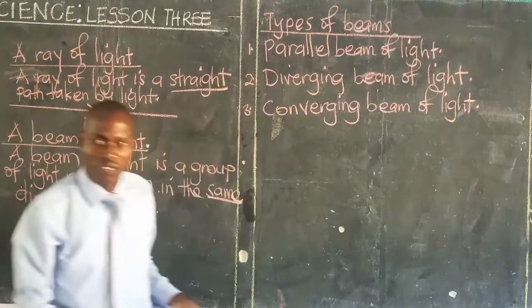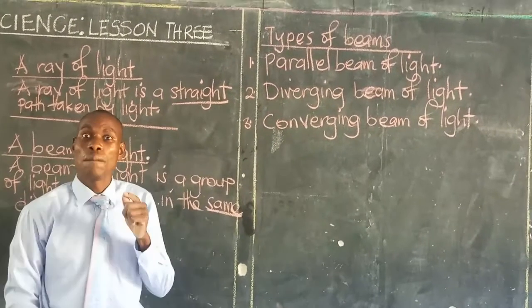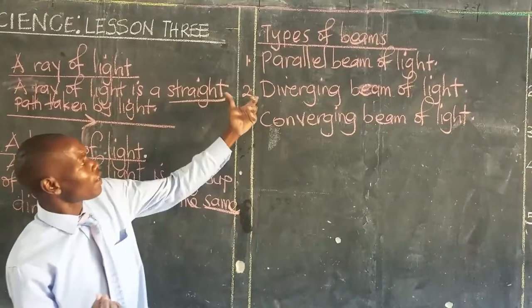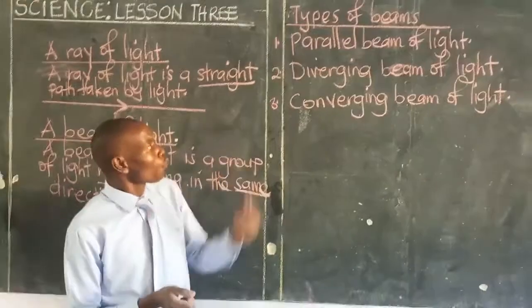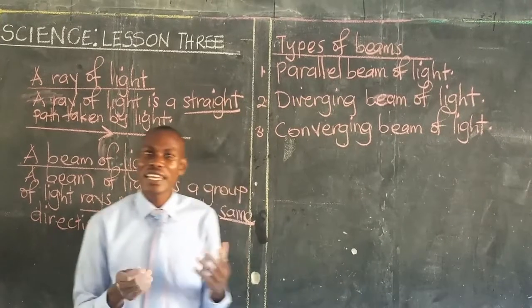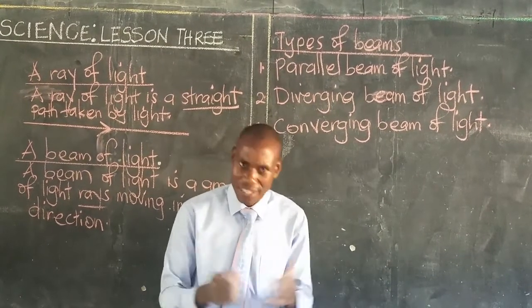Point of emphasis, boys and girls. We have said that we have got three types of beams of light: one, a parallel beam of light; we also have a diverging beam of light; and finally, we have a converging beam of light.